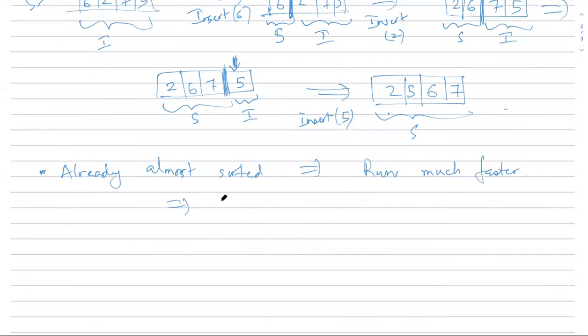So this is overall proportional to the number of inversions, or we can say swaps, that might be easier to say.